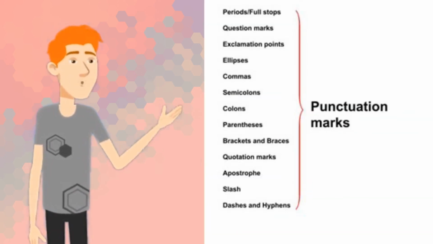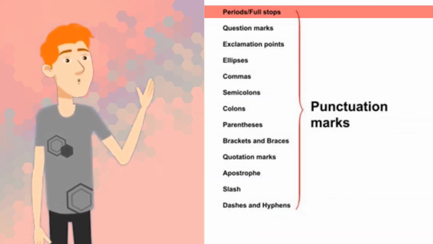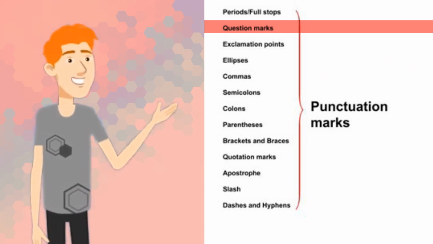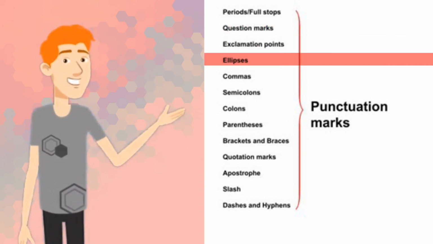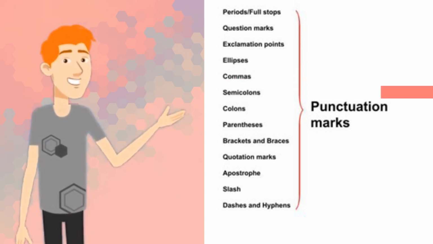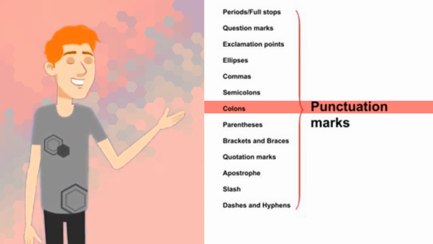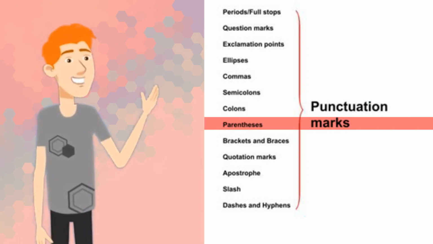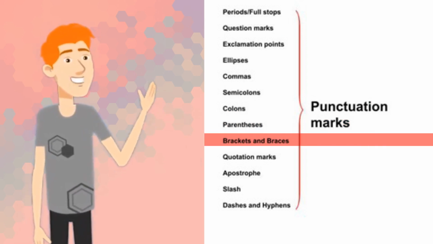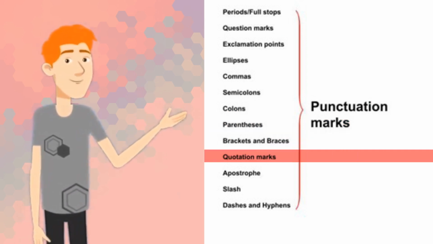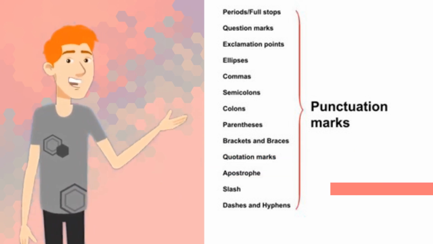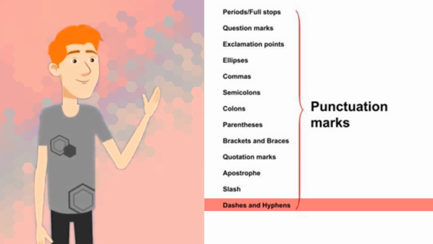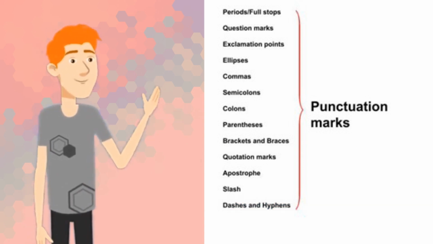Example: periods or full stops, question marks, exclamation points, ellipses, commas, semicolons, colons, parentheses, brackets and braces, quotation marks, apostrophe, slash, dashes and hyphens. All of them are punctuation marks.